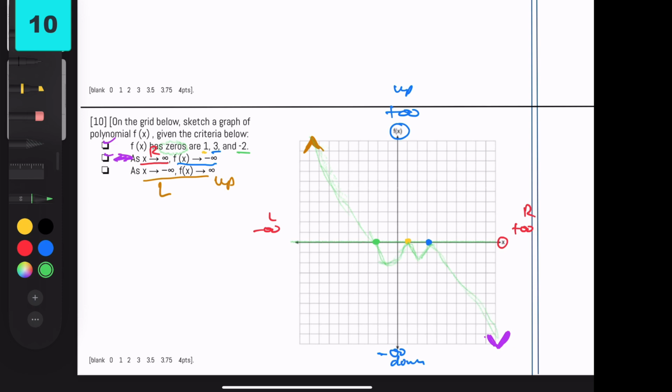I guess that's kind of possible. And the other one is you can do a bounce off of here. I guess you can go through and bounce, something like that. So you have an odd degree, negative leading coefficient.